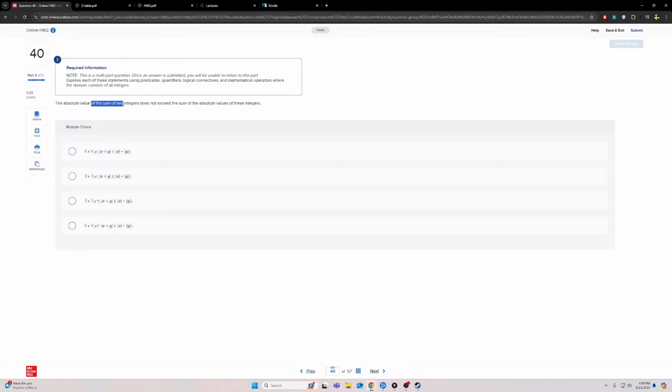The absolute value of the sum of integers does not exceed the sum of absolute values. So for every value, it's true for every value.